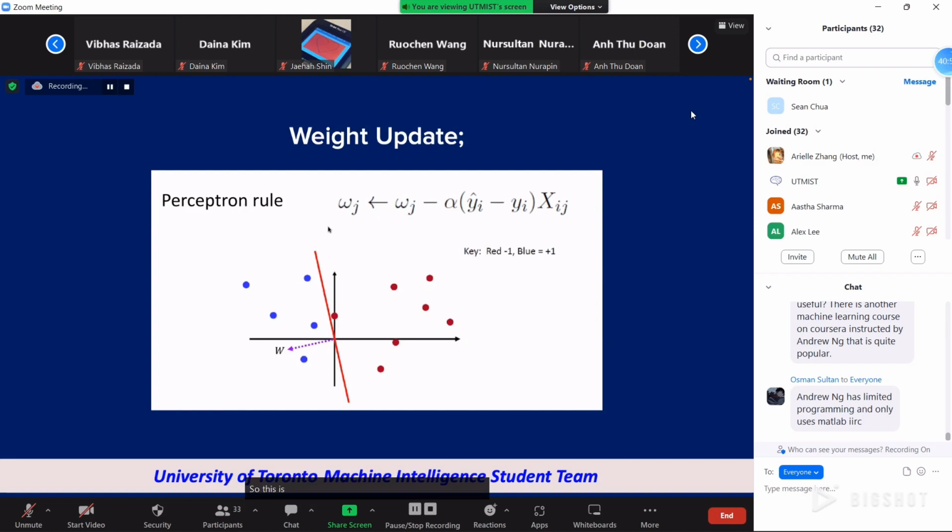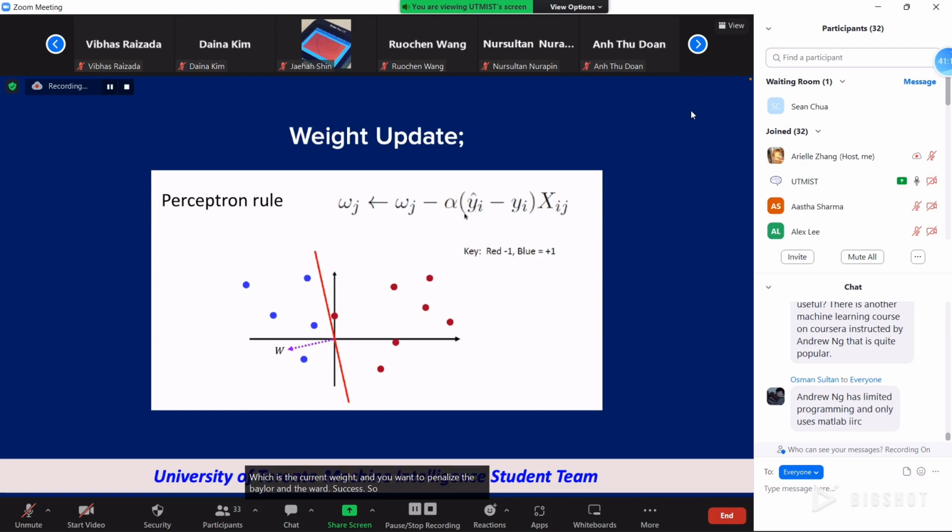This is called the perceptron rule in the courses. I did not learn this in my course, but it's called the perceptron rule. I'm learning along with you guys. So what it does is that it has w_j, which is the current weight, and you want to penalize the failure and reward the success.